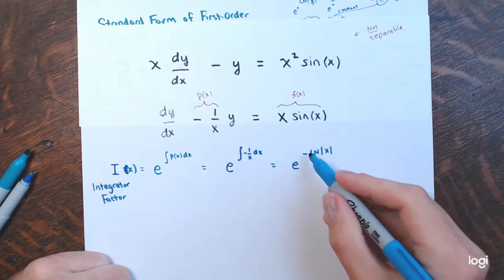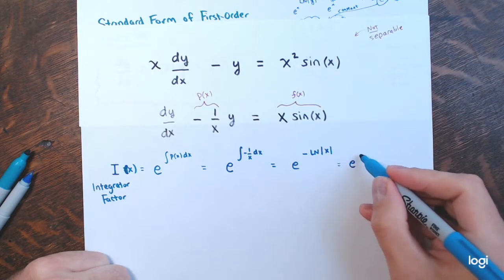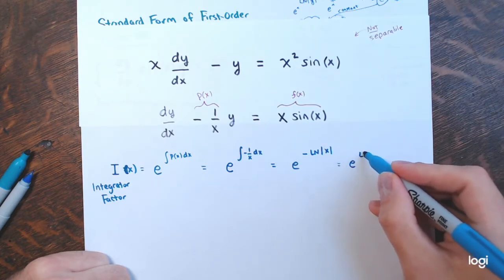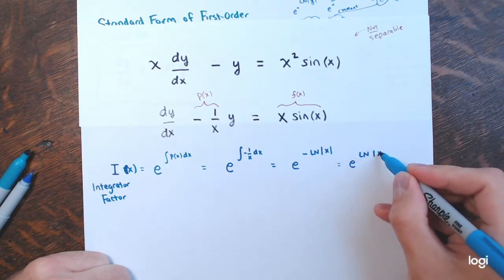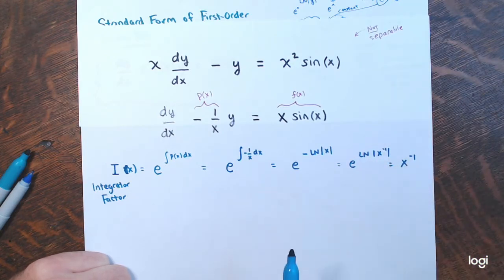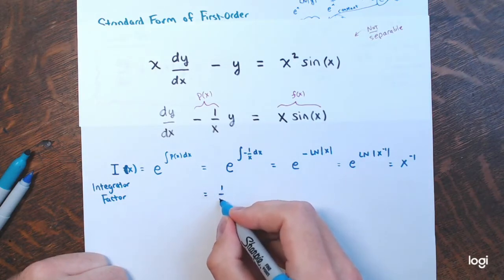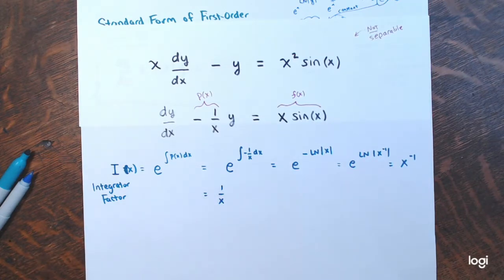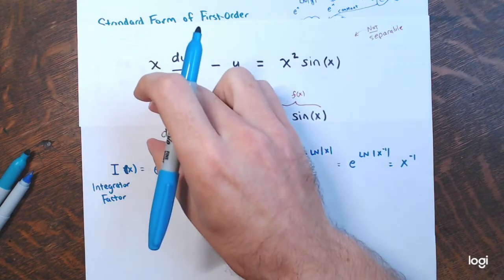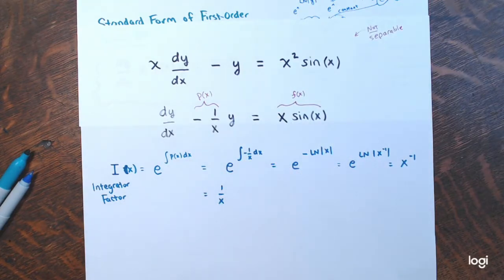And putting the negative 1 in there, you'd have e to the natural log of the absolute value of x to the negative first, which is just x to the negative first. 1 over x, basically. 1 over x is the integrating factor. So now what I'm going to do is multiply the standard form by 1 over x, every single term.